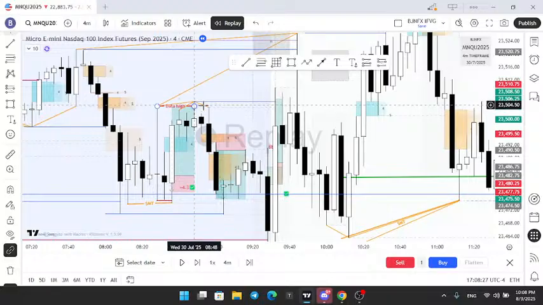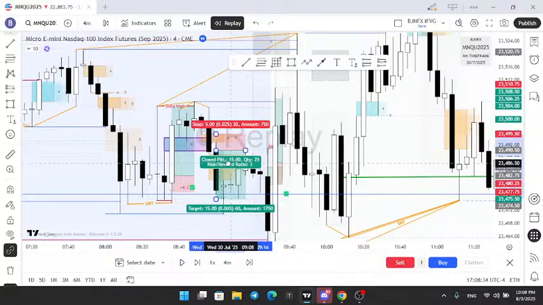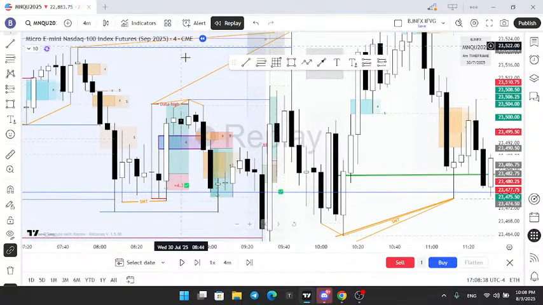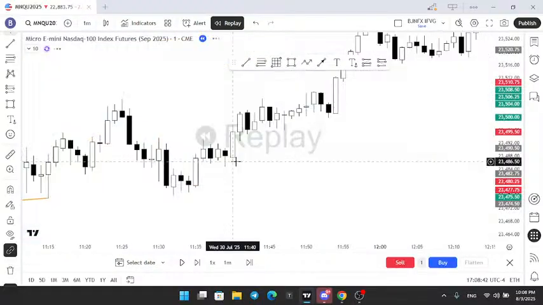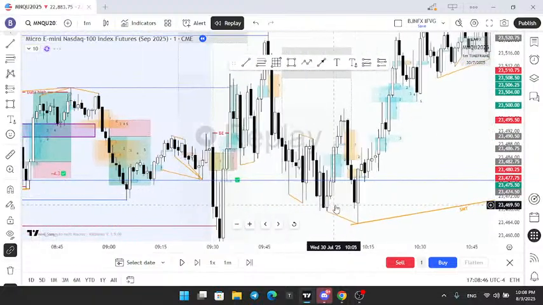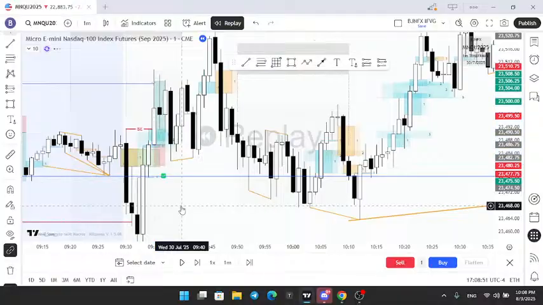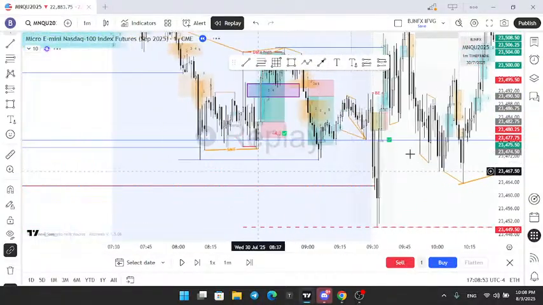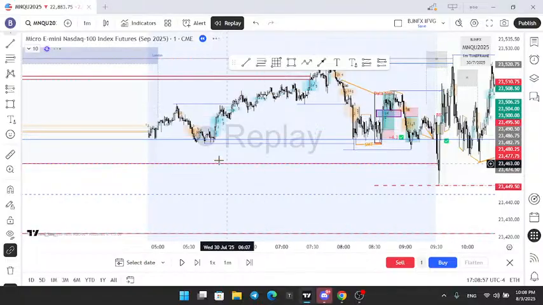After sweeping the data highs, price reversed and gave this 4 minute low. This 4 minute short setup here was also a win.